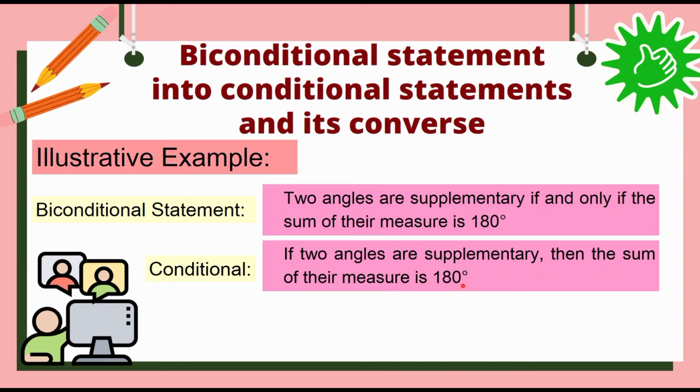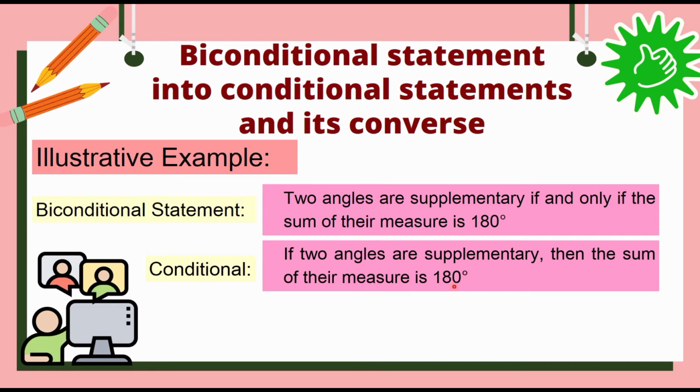How about our converse statement? For the converse, you need to switch the hypothesis and the conclusion. By the way, which is our hypothesis? Our hypothesis is: two angles are supplementary. And our conclusion is: the sum of their measures is 180 degrees.